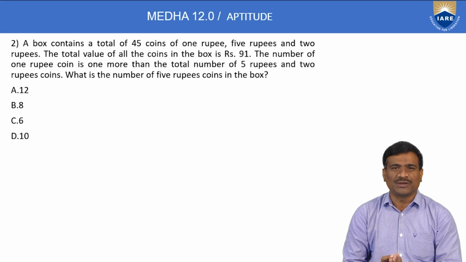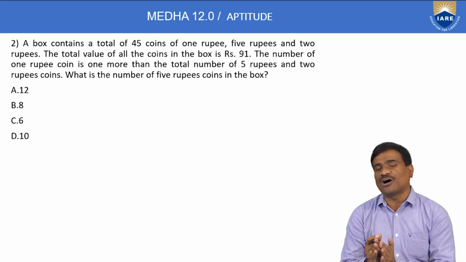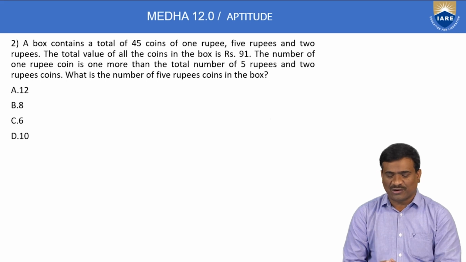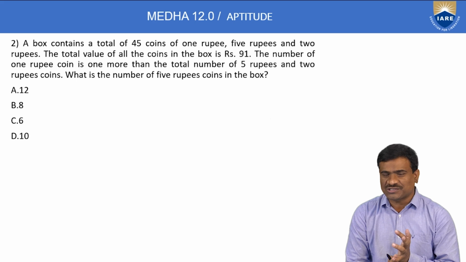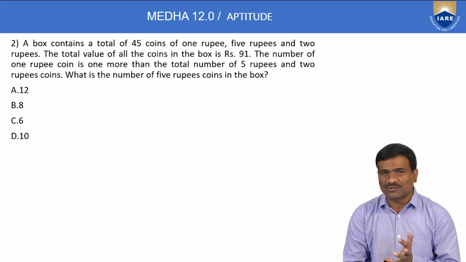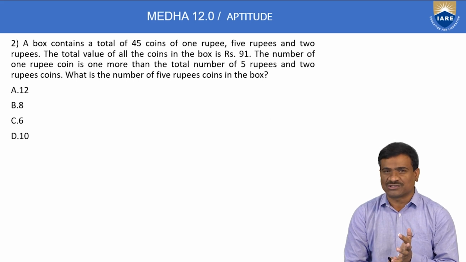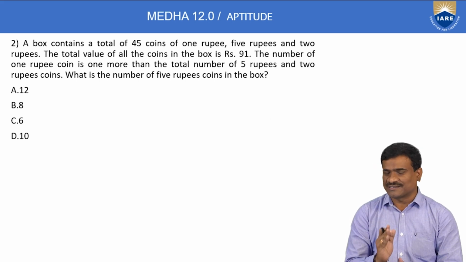This condition is the important one. First statement: the value of the amount is equal to 91 rupees, the sum of 1 rupee coins amount, 2 rupee coins amount and 5 rupee coins amount.